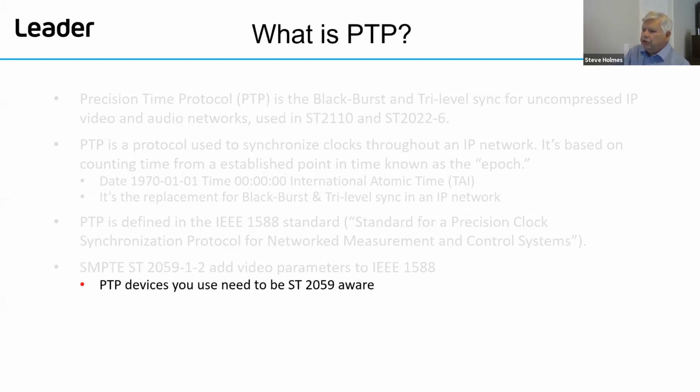So when you use a device, a network switch, or any other types of devices in your network, they need to know about SMPTE 2059. Not all PTP is exactly the same.